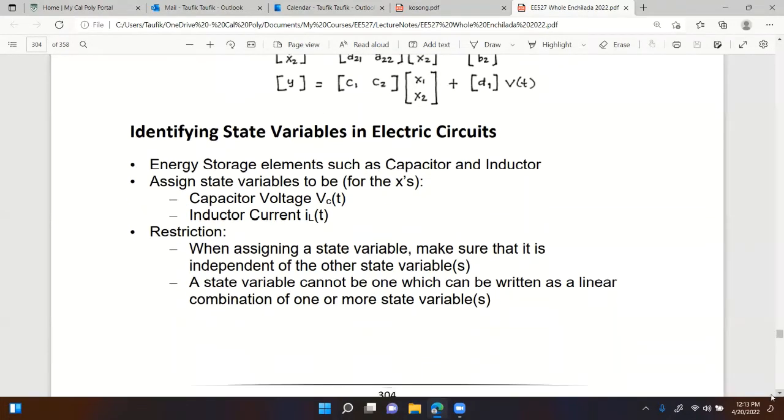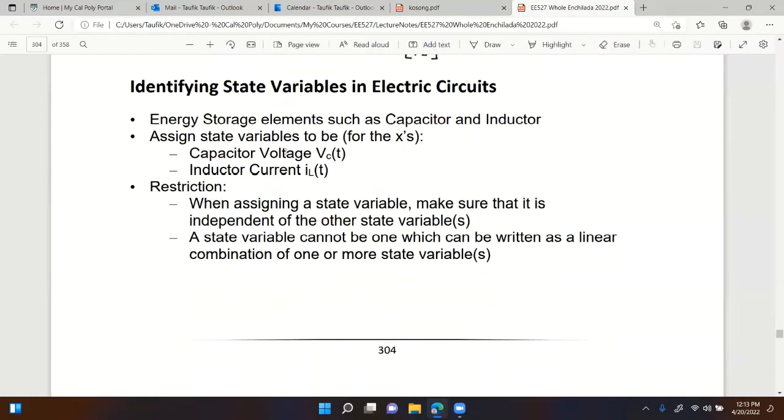And I've also mentioned last time that for us, for electrical engineering, our state variables are typically capacitor voltage and inductor current, right? The reason why we pick voltage across the capacitor is that it would be convenient for us to derive the state space equations, because then we know that the first derivative of VC will be dVC/dt, and that would be obtained from current through the capacitor, right?